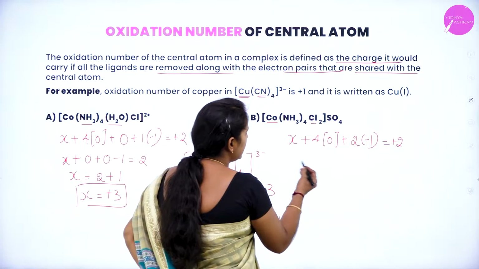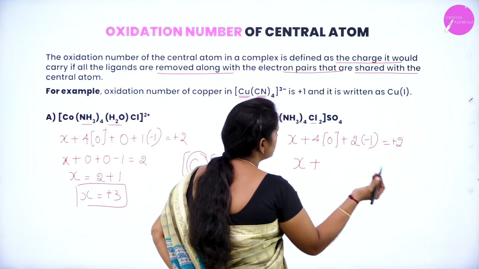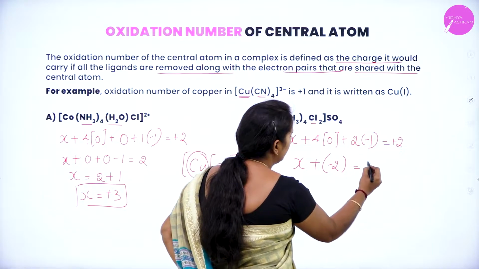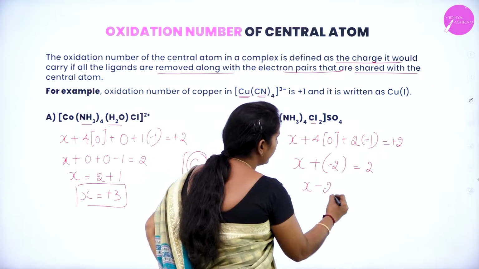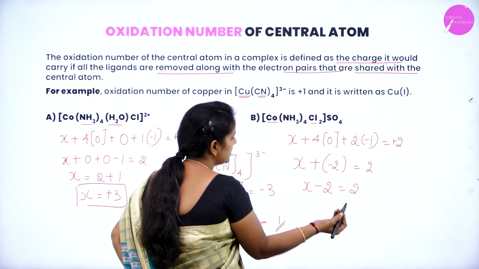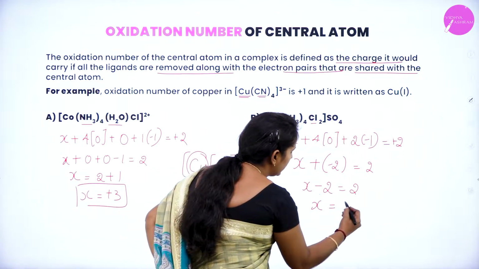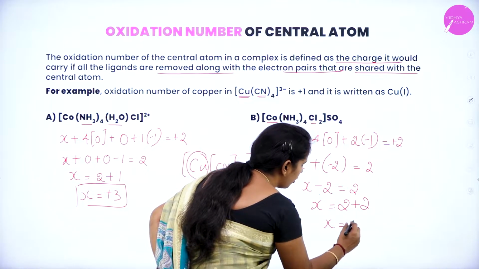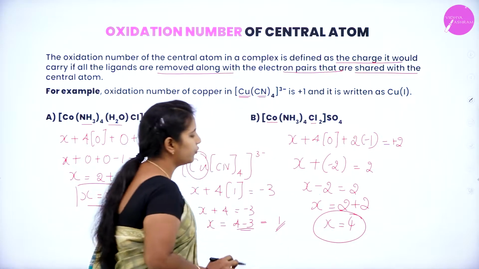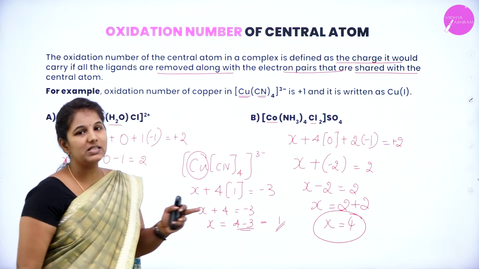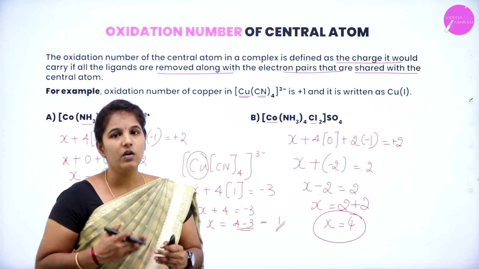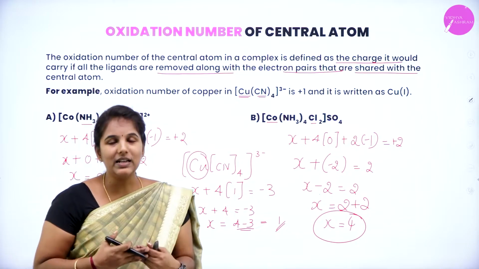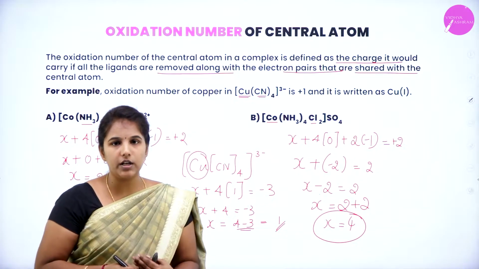Next, X plus 4 into 0 is 0, 2 into 1 is minus 2, which is equal to 2. So, X will be equal to 2. If the 2 comes outside, it will become plus 2. So, the oxidation state of cobalt in this complex is plus 4. This is how we can easily understand the calculation of the oxidation number of the central metal atom in the coordination complex.